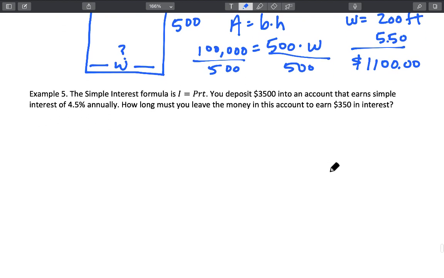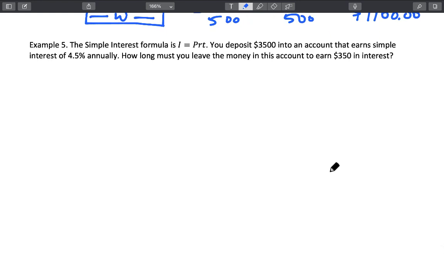All right, now finally for our last example of this section of notes, we have the simple interest formula. Interest is calculated by taking P, the principal, multiplying it by the rate of growth times T, number of years that you grow that money for. So let's say you deposit $3,500.